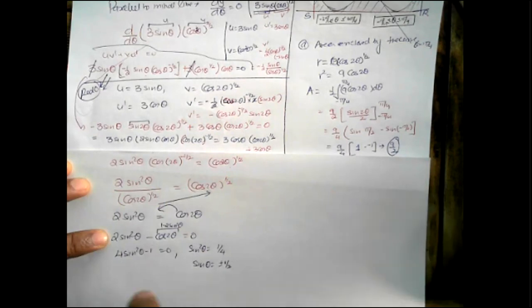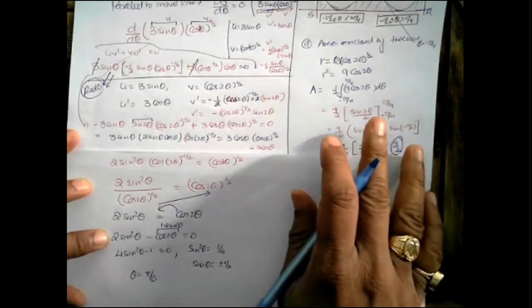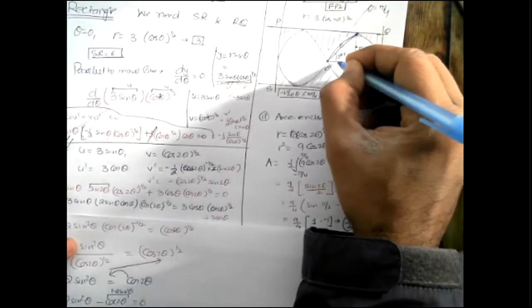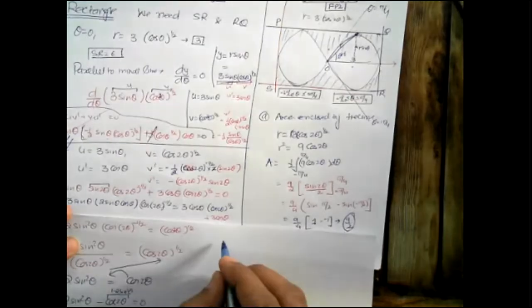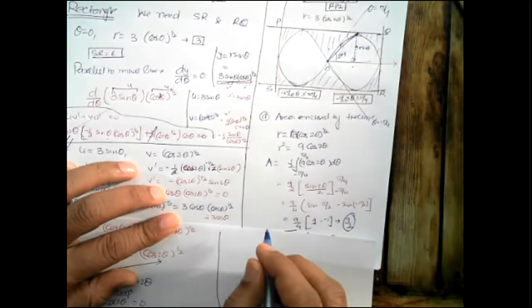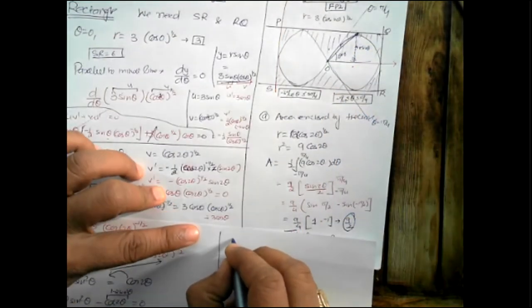And we see what values of theta. So theta would be pi by 6. As we were looking for, theta is pi by 6 at this point, or minus pi by 6 at that point. What I'm trying to work out is this length, with theta equal to pi by 6.